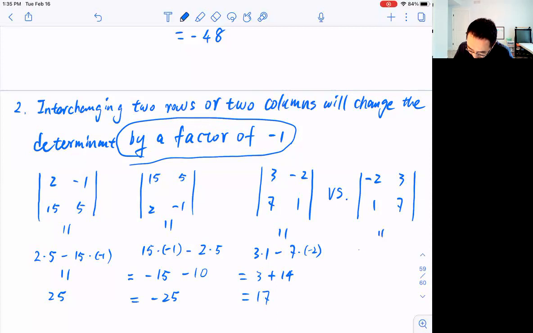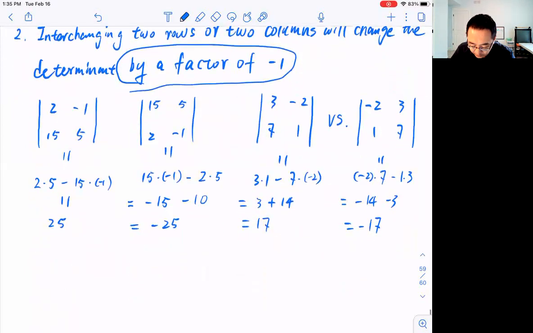And this equals -2 times 7 minus 1 times 3, which is -14 minus 3, which is -17. Again, by switching the two columns, you get a negative determinant. Okay, so if you are seeing matrices with two rows or two columns switched, and this works with a bigger matrix, if you just switch two of the rows or columns, the same thing will happen. Okay, so you'll have a negative of the previous determinant that you were looking at.